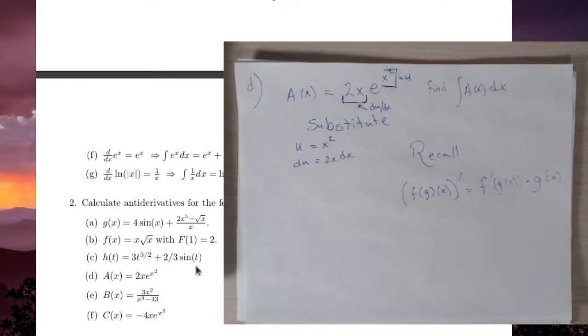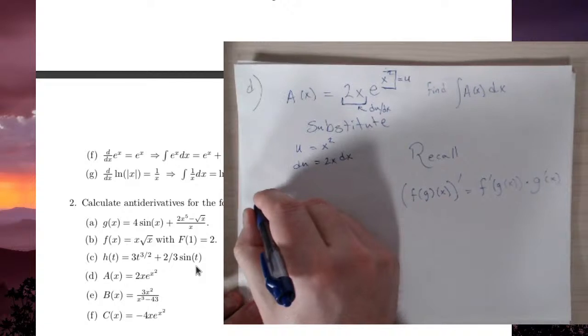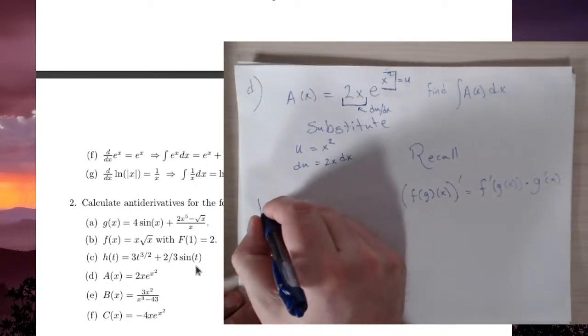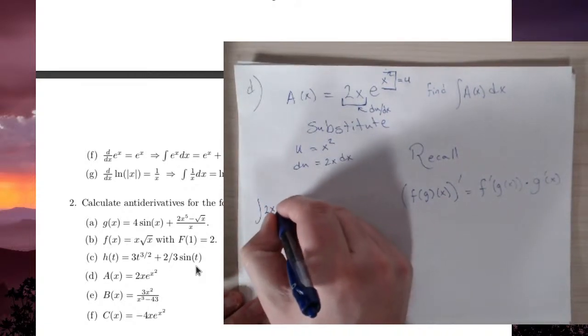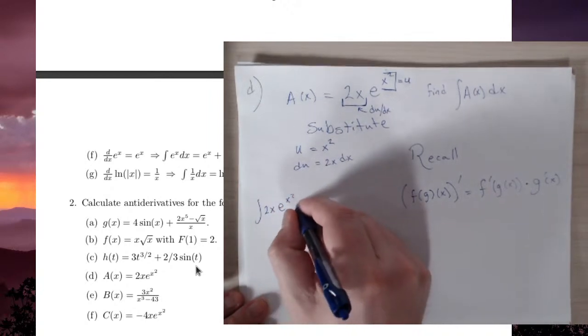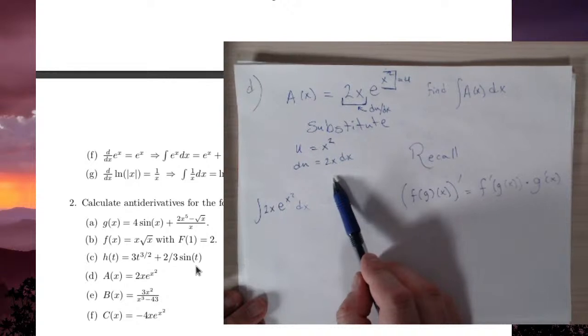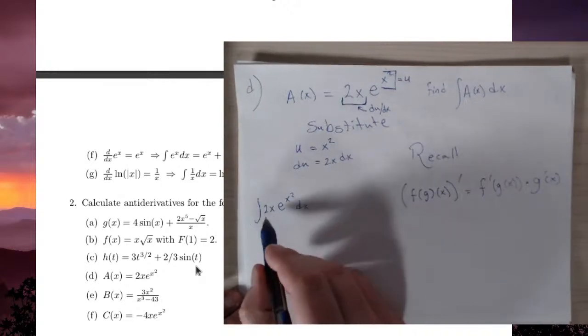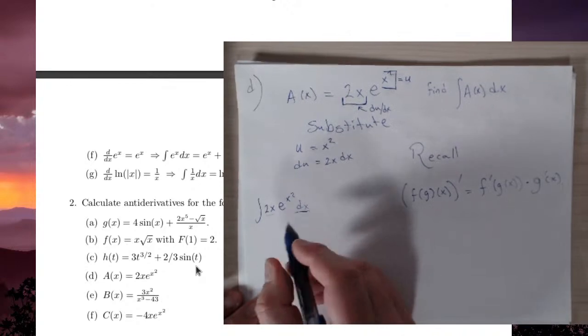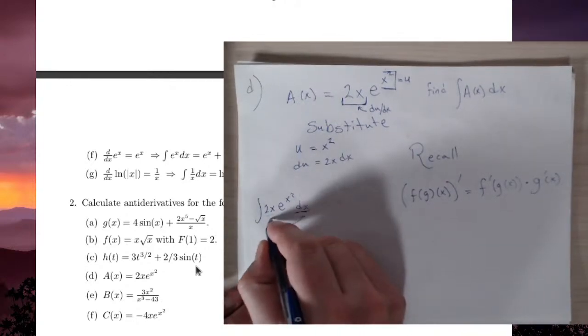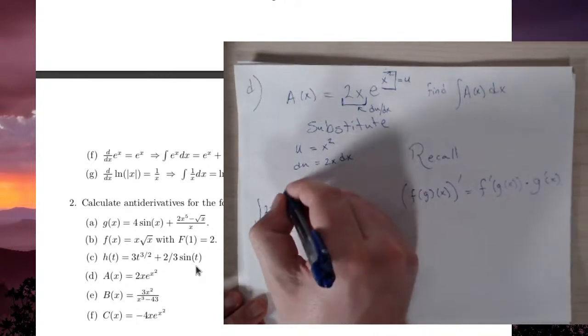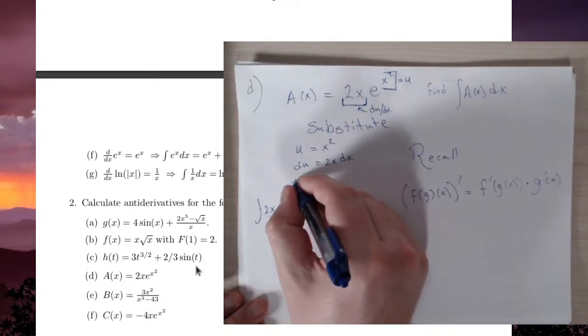So let's substitute. Let's take a look at this integral. We have the antiderivative of 2x e to the x squared dx. I'm going to use this substitution. I'm going to replace 2x dx, this is du. And this right here is e to the u.